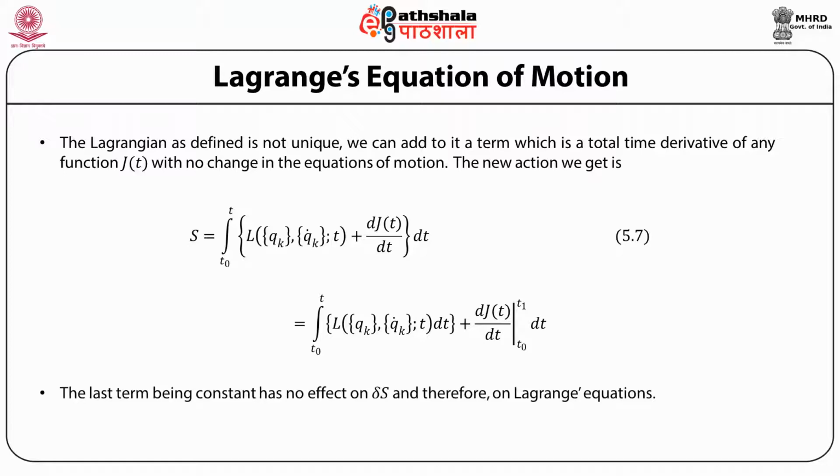The last term, being constant, has no effect on the variation in delta S, and therefore, since the Lagrangian equations are obtained from the variation of delta S, the Lagrangian equations remain unchanged.